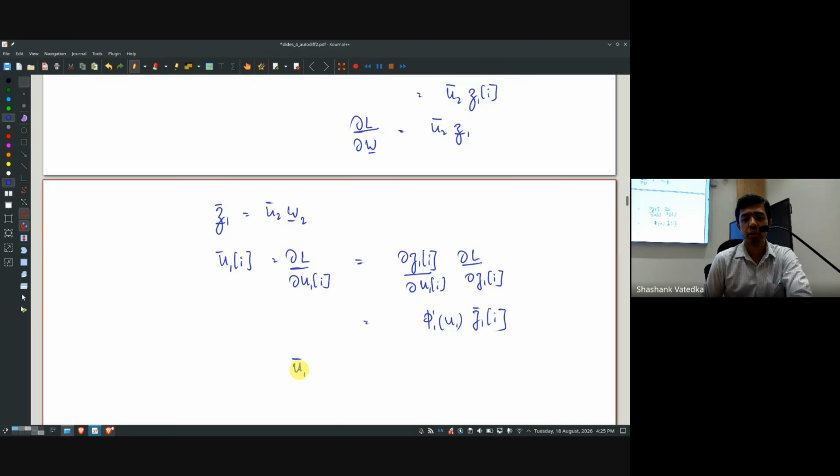So U1 bar, the vector U1 bar, can be written as vector Z1 bar, element-wise multiplication with phi1 prime of U1.